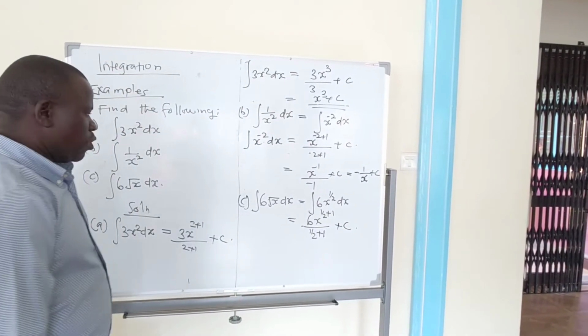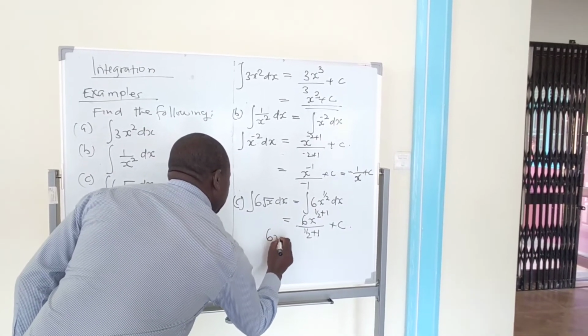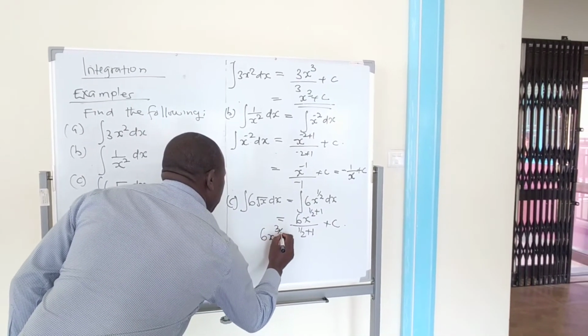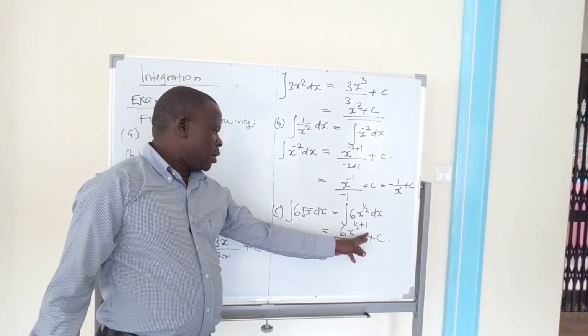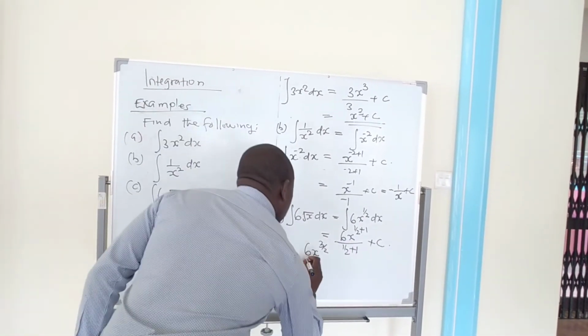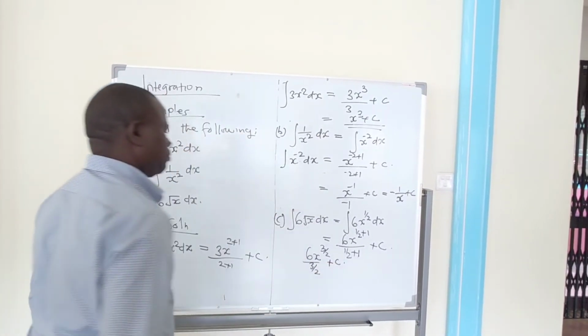Right? So I can now simplify this by saying this becomes 6x to the power 3 over 2, that's half plus 1, then the whole thing over also 3 over 2. Maintain your constant c.